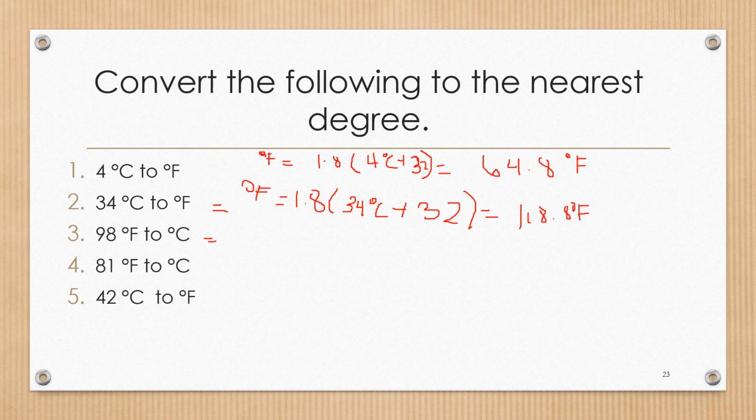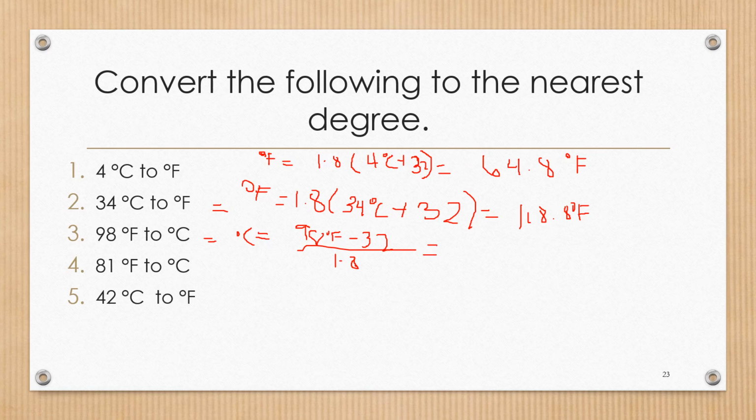So, given here is 98 degrees Fahrenheit to degrees Celsius. Easy lang yan. So, anong formula natin to get the degrees Celsius? 98 degrees Fahrenheit minus 32. So, we need to subtract now. Then divide by 1.8.